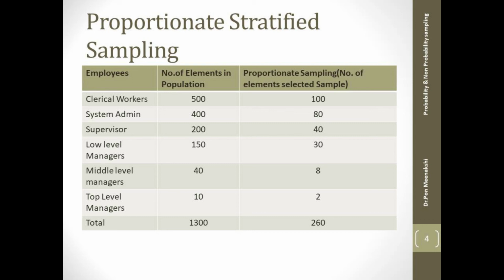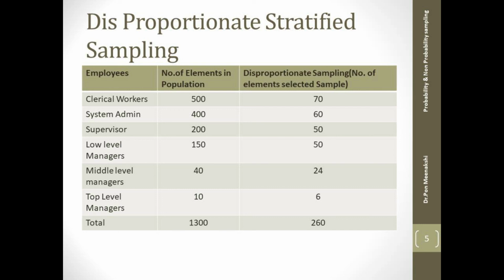Therefore, he might use the disproportionate method. In disproportionate, there is no proportionate allocation of elements. It is done in case of difference in size of strata and their variability. This method is used when the researcher feels that the proportion method may not drive a true conclusion. So I am moving to disproportionate.